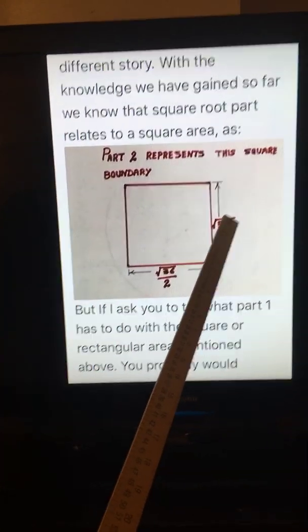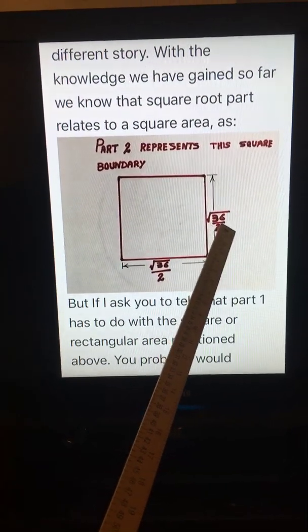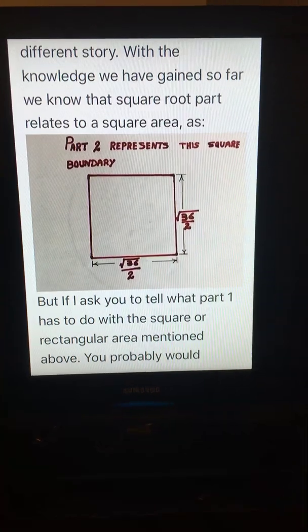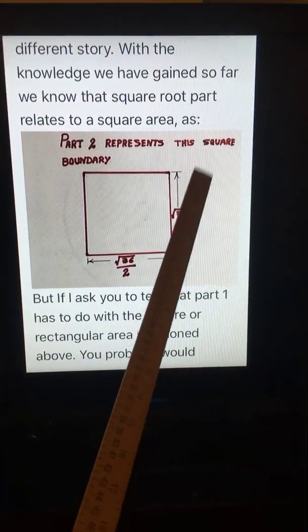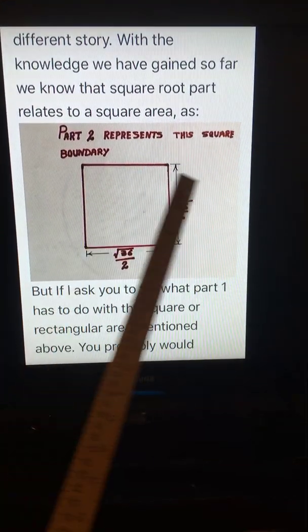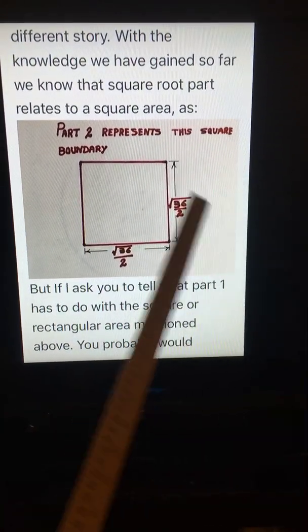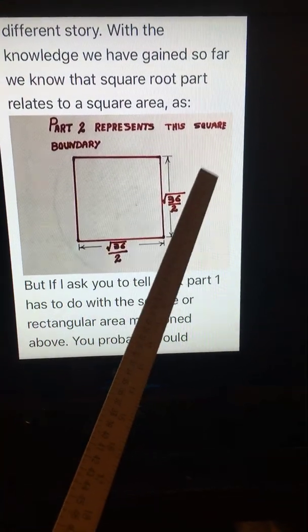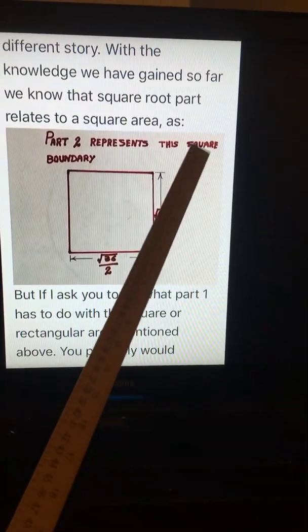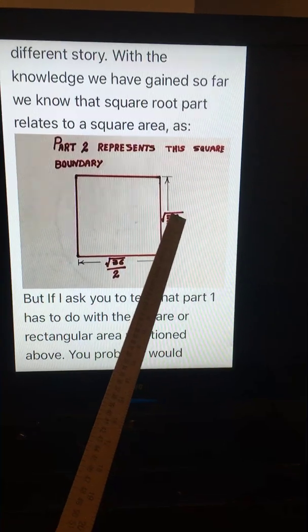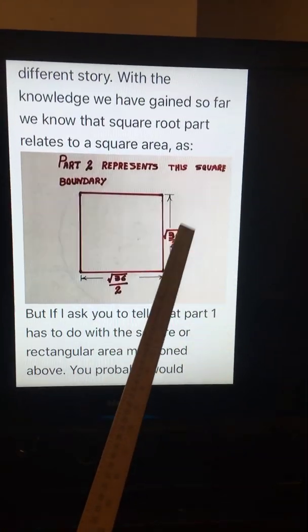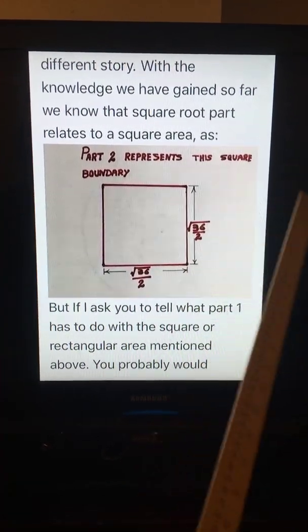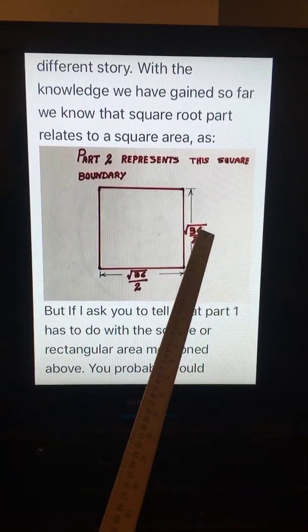But here under root 36 by 2 means it belongs to some square area, because our main objective here is to see the geometric interpretation of the numbers. There is a relationship between the numbers and the geometry, and so we continue having the numbers, but once the numbers are solved, once the square root has been evaluated, the numbers actually lose their information. That's why I kept it in this form.